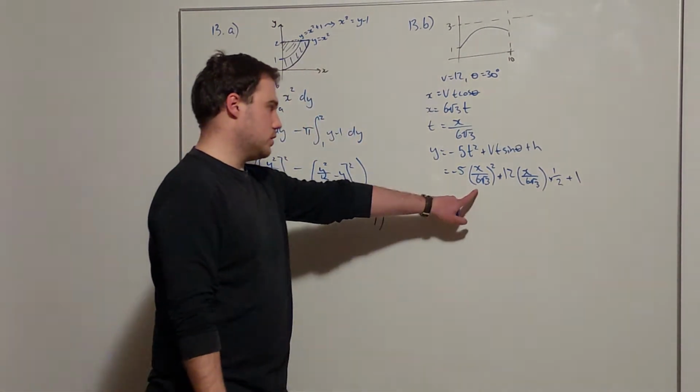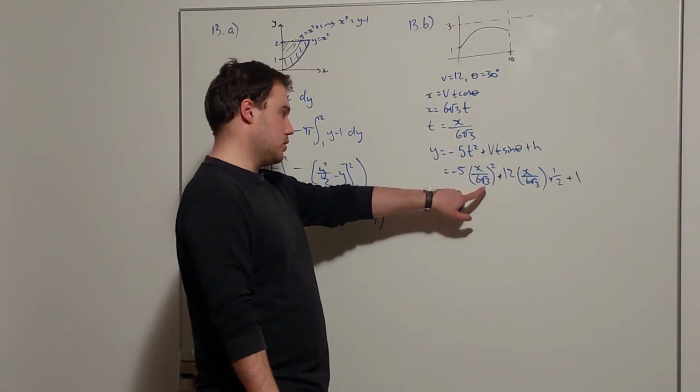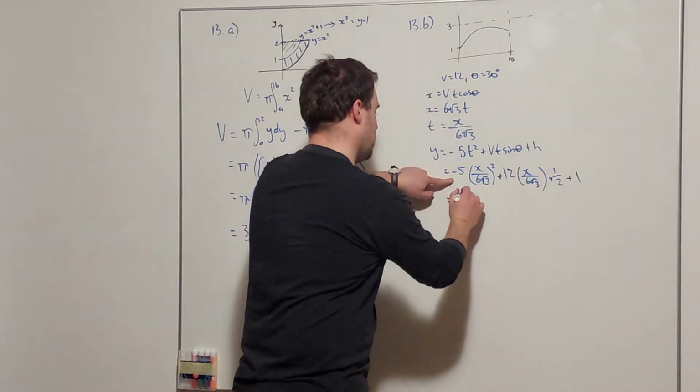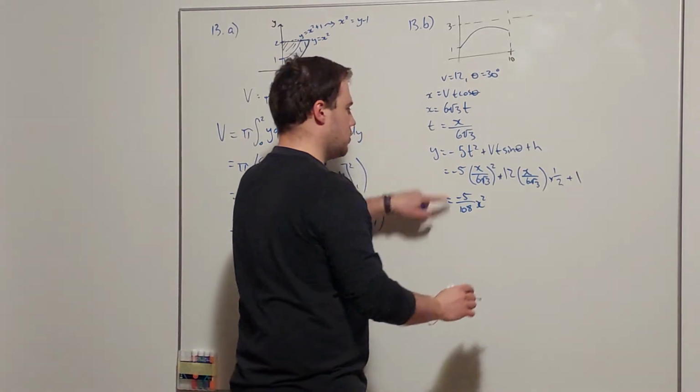So we've got root 3 squared is 3 times 6 squared, 36, 108. So we've got negative 5 on 108 x squared.